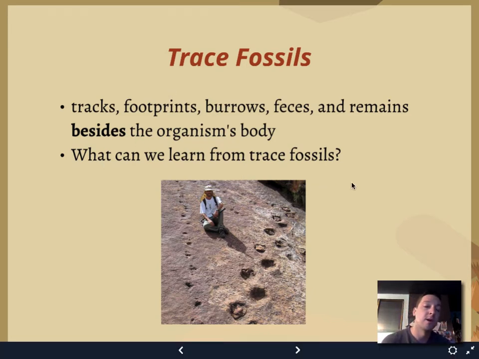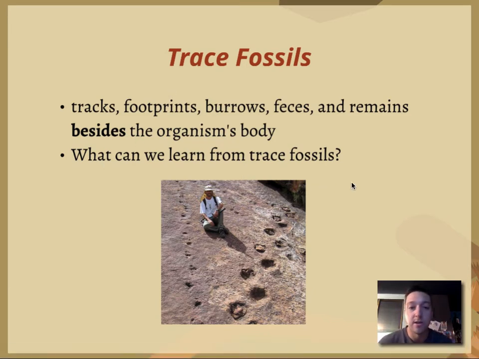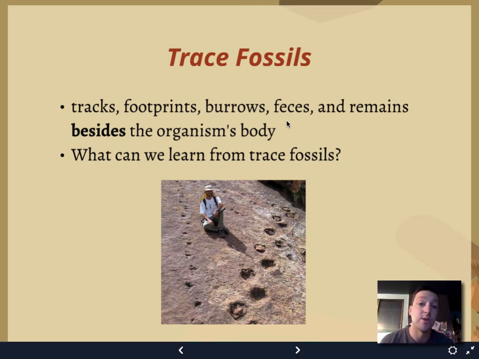So what can we learn? We can learn the weight of the dinosaur based on how far it sinks in the ground. We can learn if it traveled alone or in herds. We can learn how fast it could run. We could learn what it ate if we look at the feces. Lots of stuff we can learn from trace fossils.